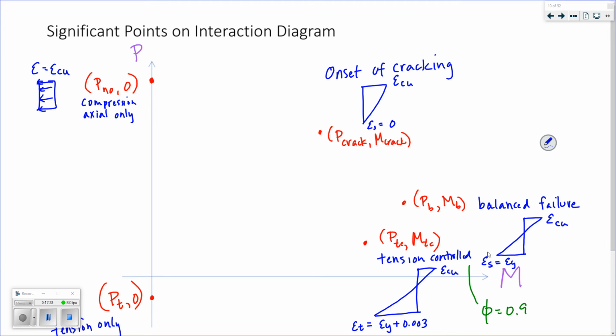ES in the balanced failure is the strain at the centroid of your tension steel. ET, remember, is the strain at your extreme tensile steel. These are two different locations of strain. Balanced failure is ES equals EY. Tension controlled, ET equals EY plus 0.003.